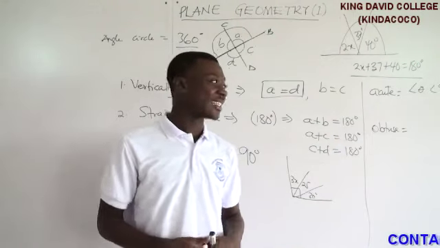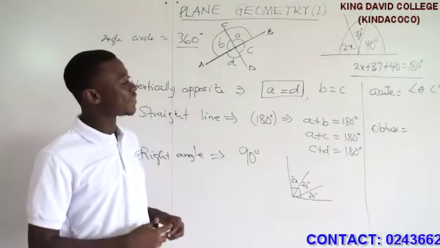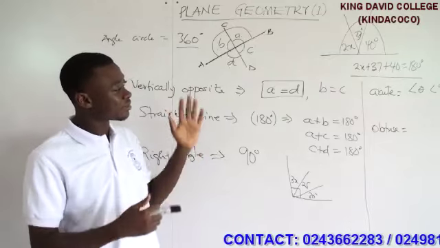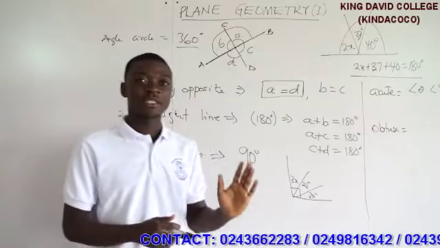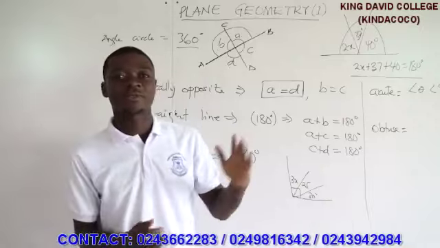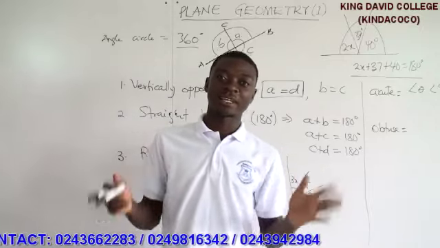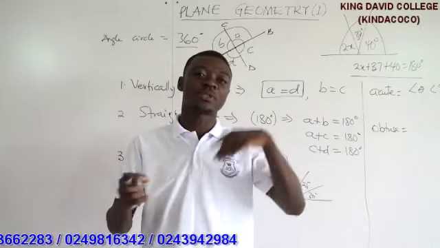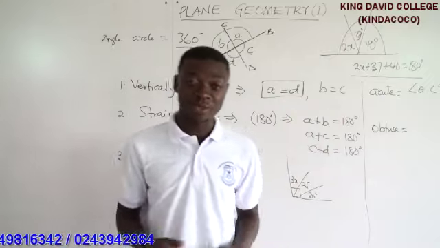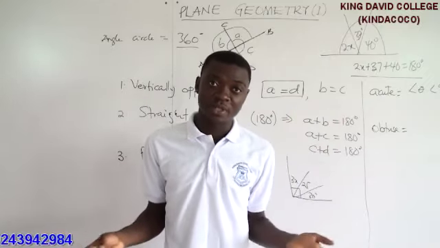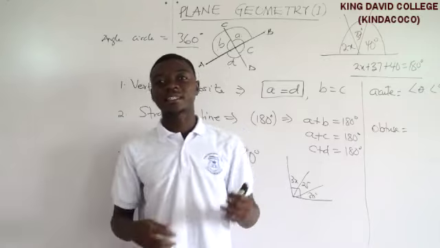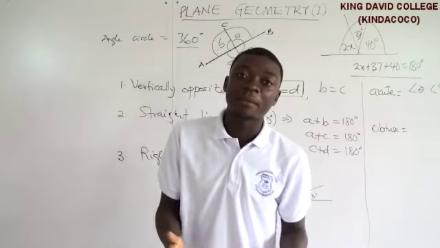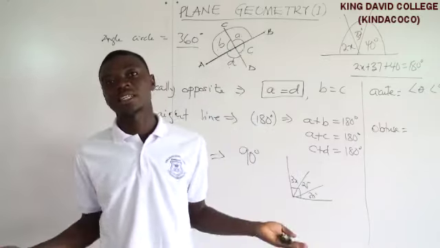What I mean by that is, acute is any value between 0 to 90. So 60, 20, whatever, like that. They are acute. Now, when you add that value to 90 degrees, whatever you get is going to be obtuse. So obtuse is an angle that is greater than 90, but less than 180.